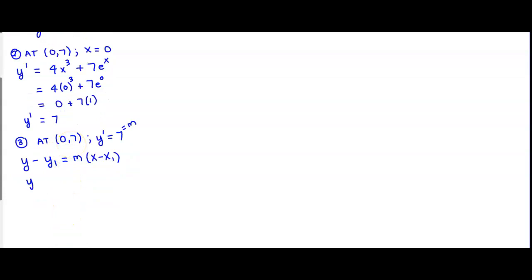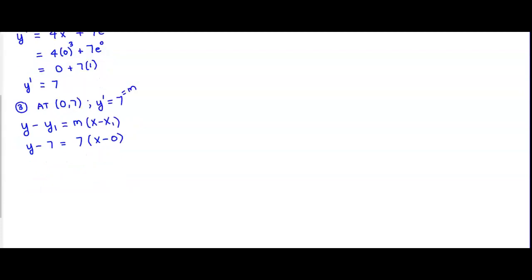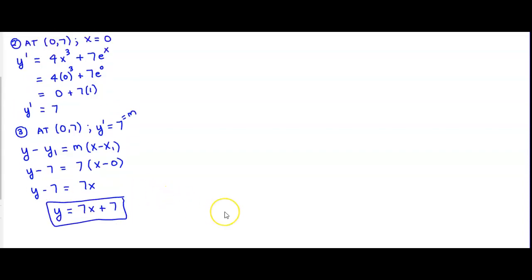So we have y minus 7, which is equal to the slope of 7 times x minus 0. So if we distribute the 7, we have y minus 7 equals 7x. And then adding 7 to both sides, we get y equals 7x plus 7, which is the line that is tangent to that particular curve.